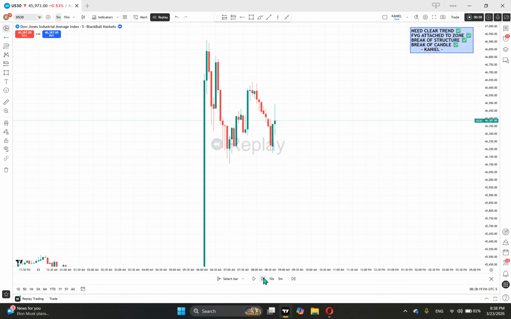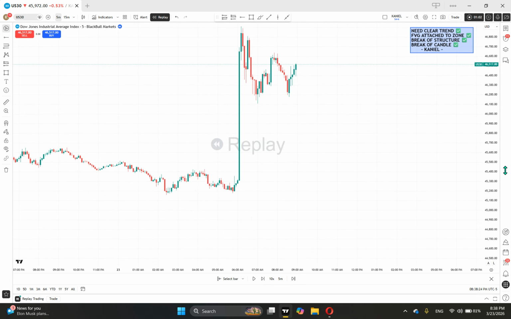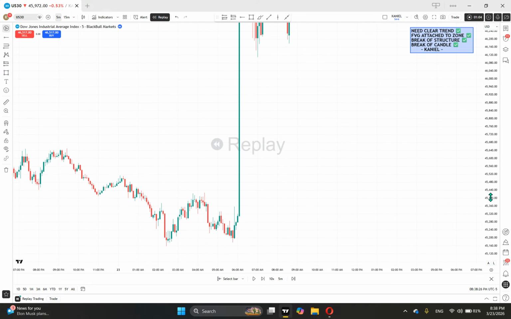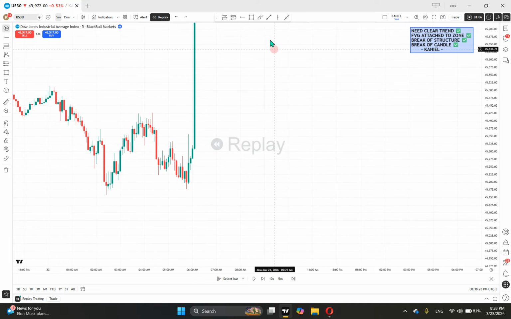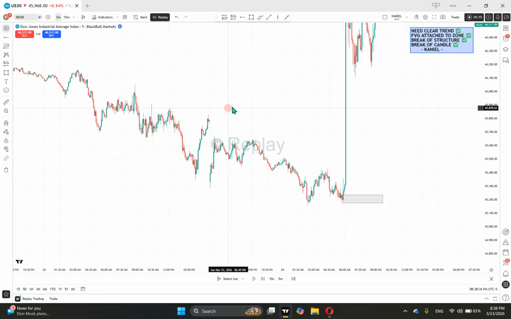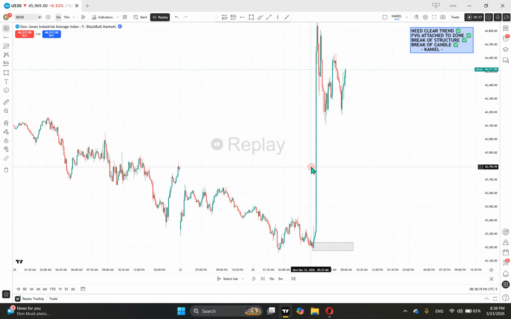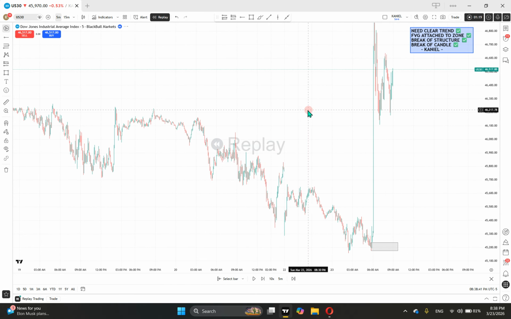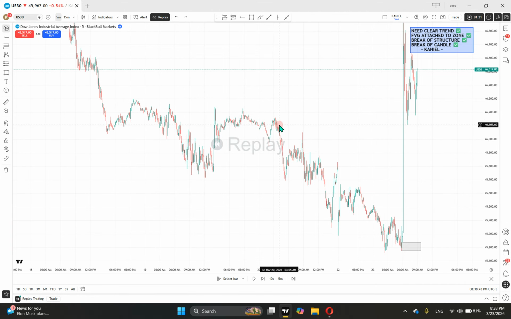Alright, so the market was playing out. The first zone I saw was this 5 minute demand zone right here. This was a clear trend because this big candle changed the trend.